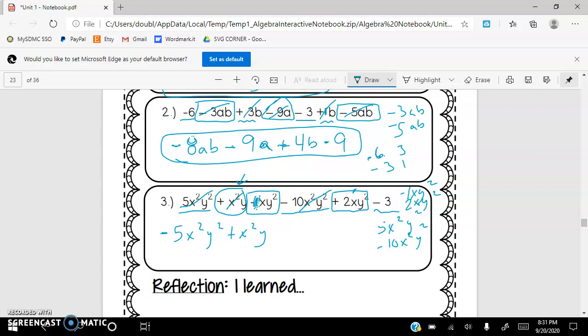So negative 1 plus 2. So 2 is larger, so I know my answer is going to be positive. And 2 minus 1 is 1, xy squared. Okay, and all I have left is a minus 3. That's my answer.